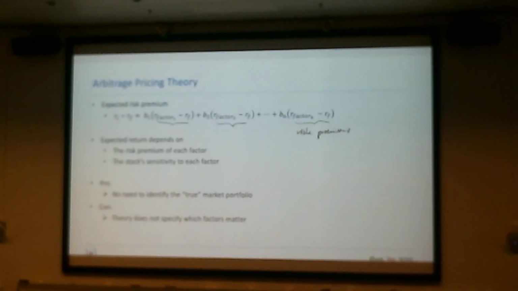So the expected return of a stock then depends on the risk premiums of each factor, and then the stock's sensitivity to each factor. So instead of this one beta, we have here a lot of B's. And the B1 tells us how much the stock is exposed to the first factor.